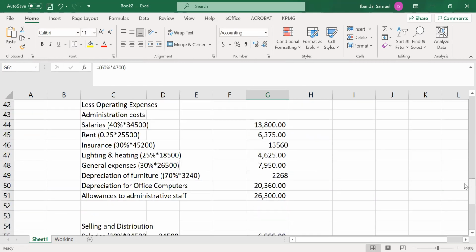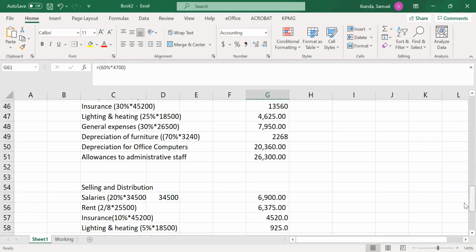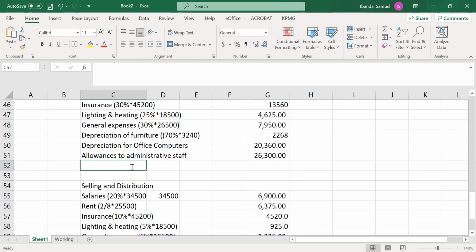So I think I've been able to accumulate all the expenses. So I should be able to get total administration expenses.